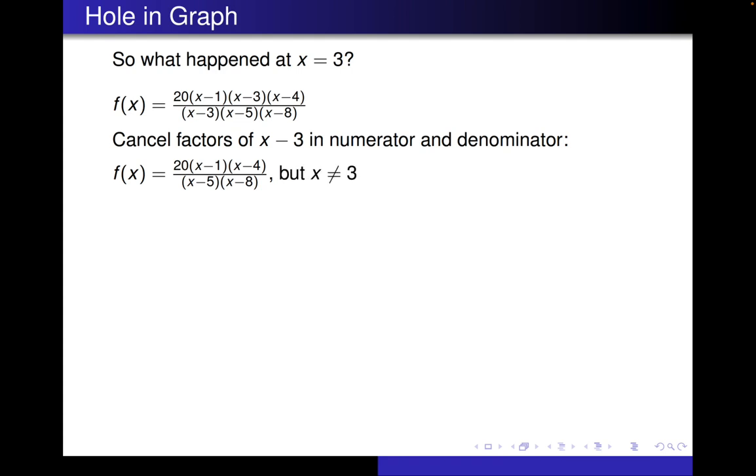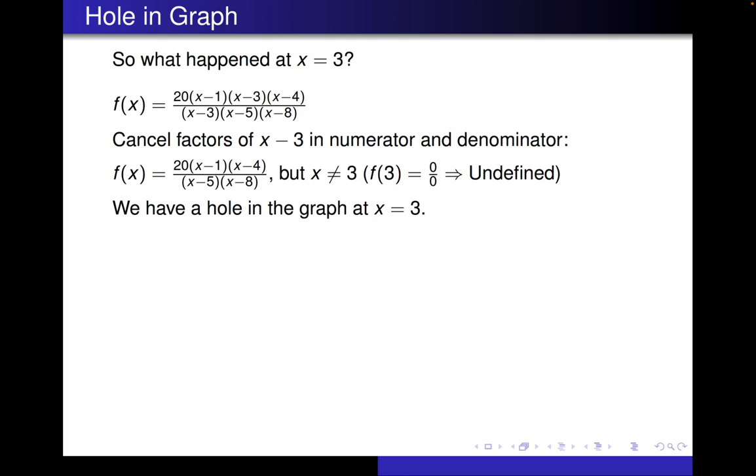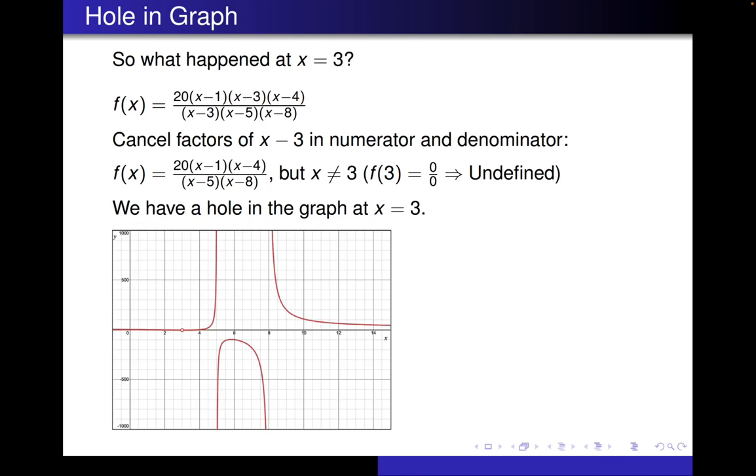We have to make sure the function only works when x is not equal to 3. If we tried to put in f of 3, we'd end up with 0 over 0, which is undefined. So we do have a graph with something happening at x equals 3, but it turns out we have a hole in the graph. If we look at the graph here, that point where the circle is simply doesn't exist.